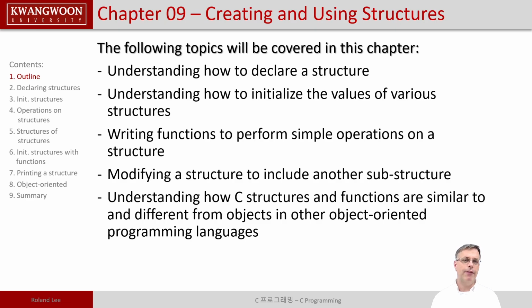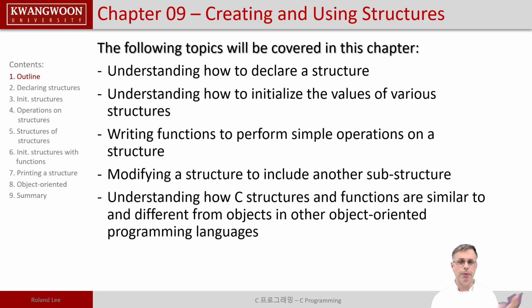Therefore, after we learn about C structures and the operations we can use on them, we will learn how C structures are a logical transition to object-oriented programming. Thinking about structures in this manner becomes a stepping stone to learn object-oriented programming. Okay, here we go with the topics: understanding how to declare a structure, understanding how to initialize the values of various structures.